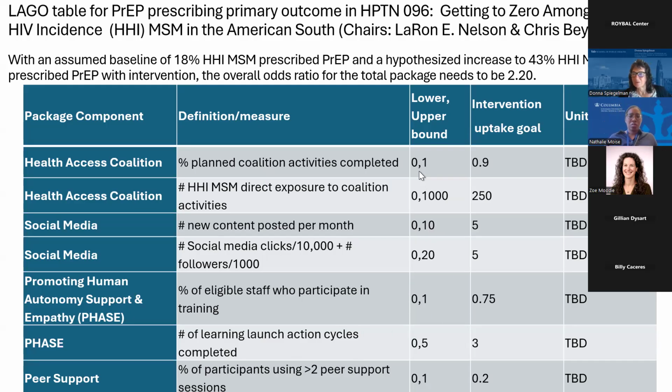sessions. And then we have to say, okay, we have to have bounds on this. So let's do one that's the percent of eligible staff who participate, which has to range between 0 and 1. The percent of participants using more than 2 peer support sessions has to range between 0 and 1. And then we're trying to get to, say, 20% here, whereas here we're trying to get to 75%, and the cost has yet to be determined.